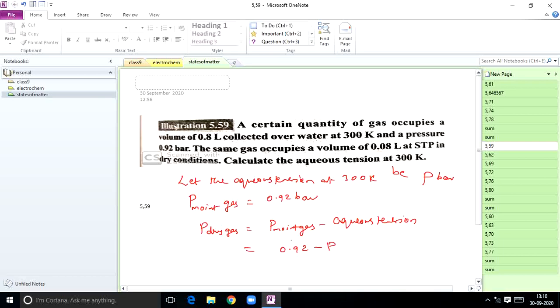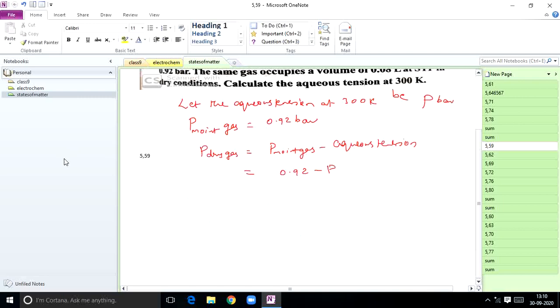So next, after that, under dry condition, the pressure of dry gas is equal to 0.92 minus P, right?